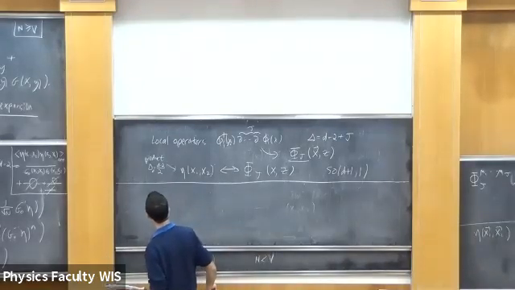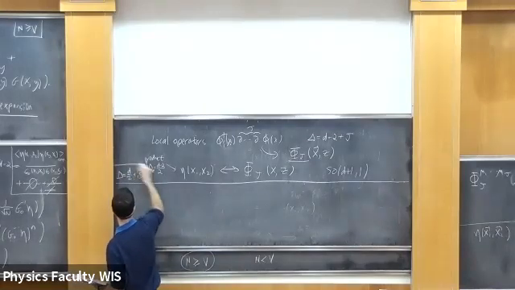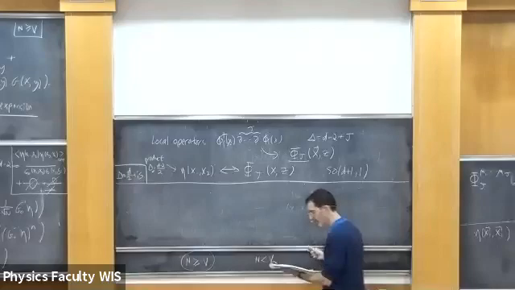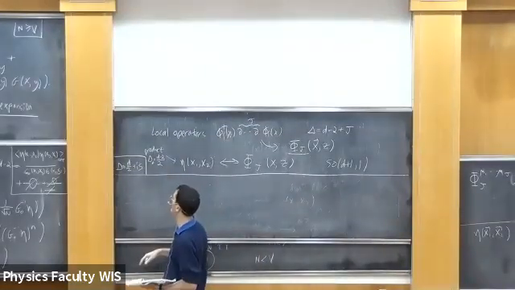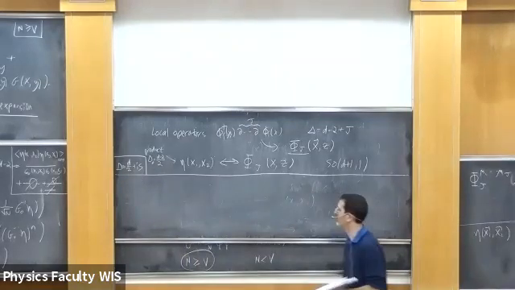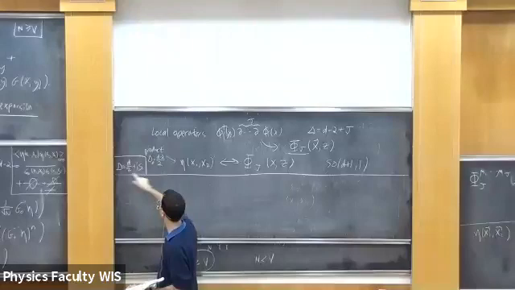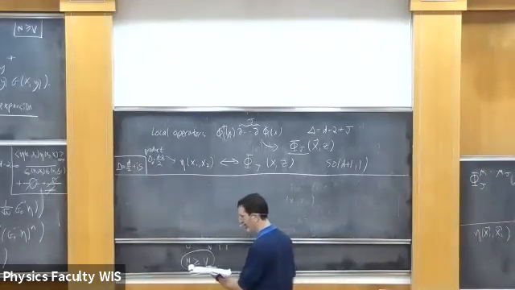So I remind you that there's a special role played by the principal series of representations of the conformal group, where the dimensions of operators are d over 2 plus is for some real s. And if this delta 0 was also in the principal series, then the product of two principal series can be decomposed as operators of any spin j, which have any dimension delta, which is also in the principal series.